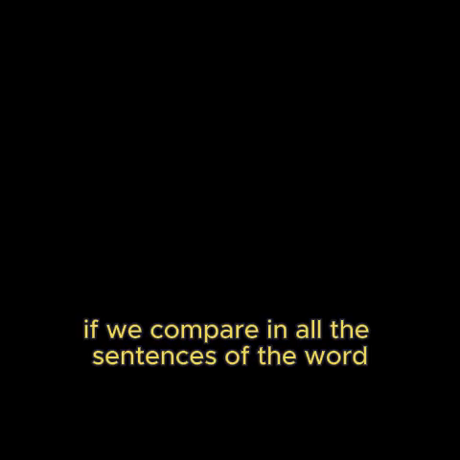Now, when I say this, if we compare all the sentences of the world, this is not totally true. Why? Because in all the sentences of all the languages of the world, we have the concept subject, but it's not always a position.